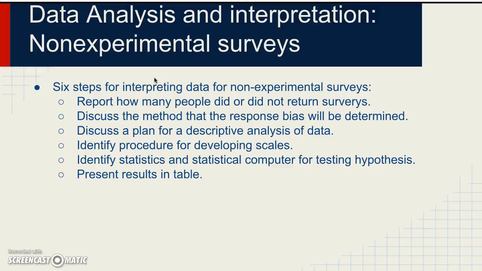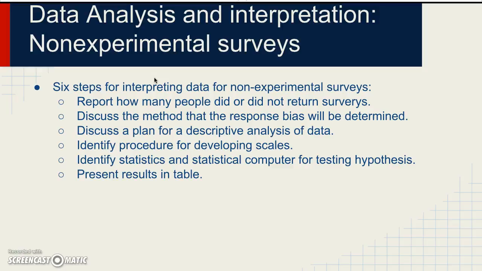Step 3. Discuss a plan to provide a descriptive analysis of all independent and dependent variables. This should indicate the mean, standard deviations, and range of scores for these variables. Step 4. Identify statistical procedure for developing scales for descriptive approaches. Reliability checks should also be done for internal consistency of the scales. Step 5.